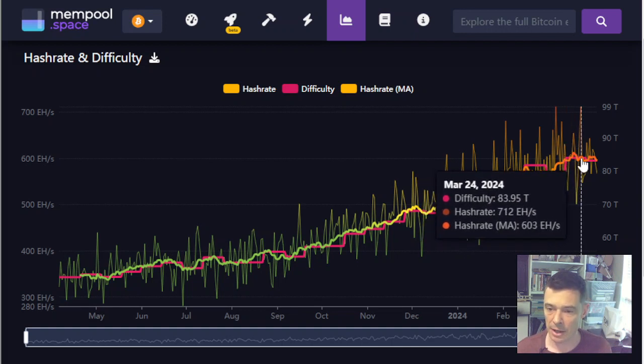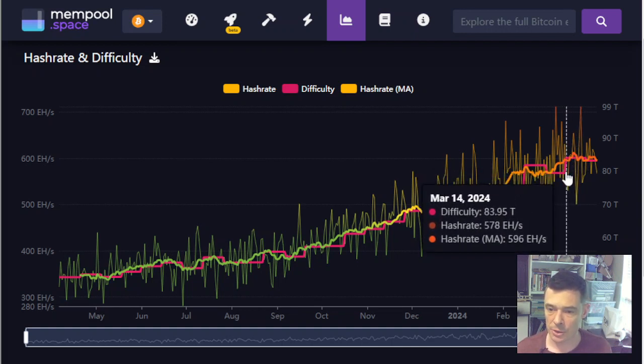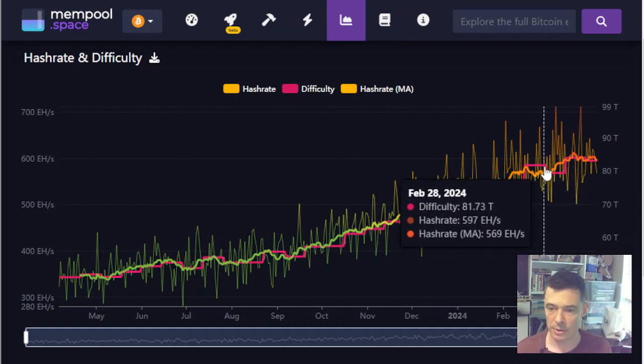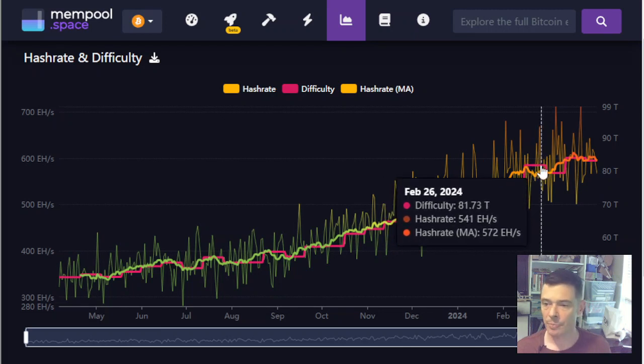This straight line here goes straight down, straight across, and here it's going straight up, straight across. This straight line here is the difficulty adjustment. And you can see it says difficulty 81.73, and there's a capital T. That T represents a ratio. I don't know why they express it that way.